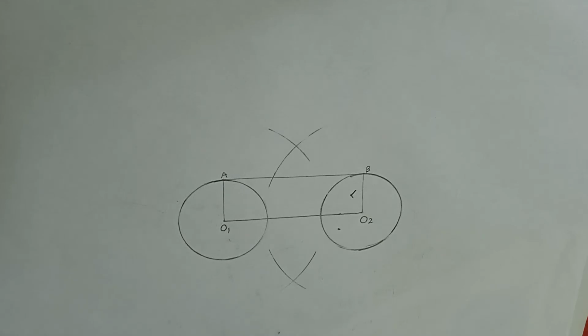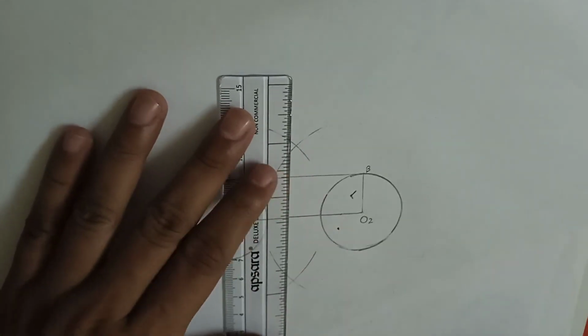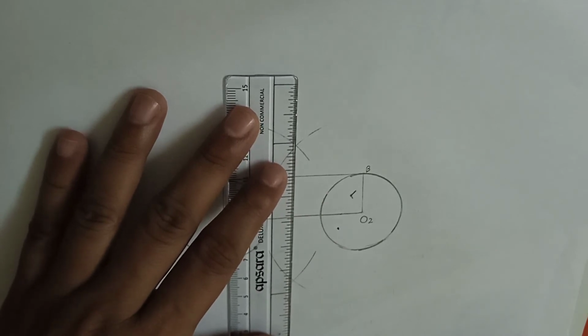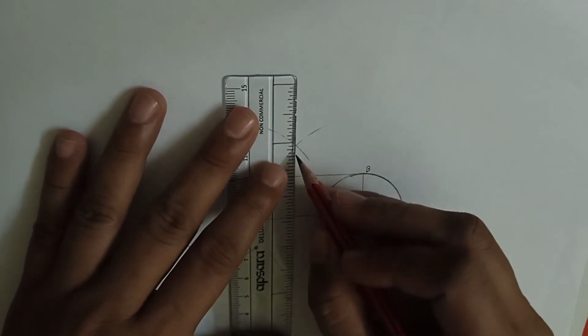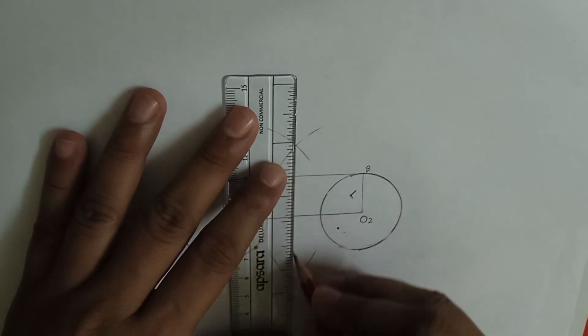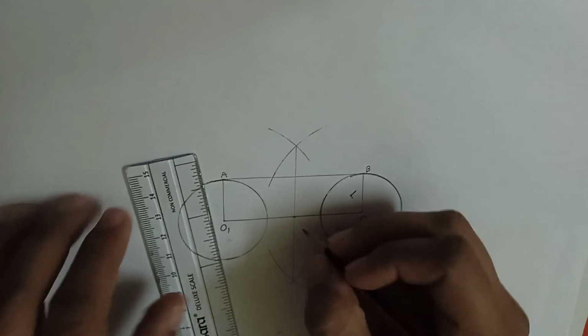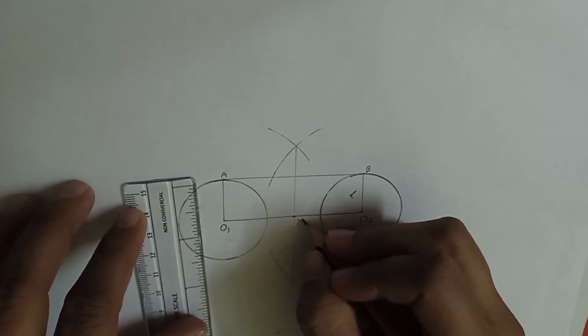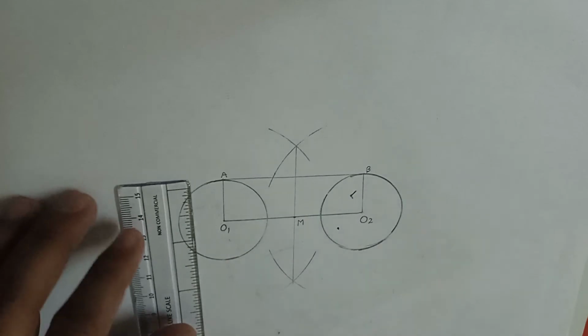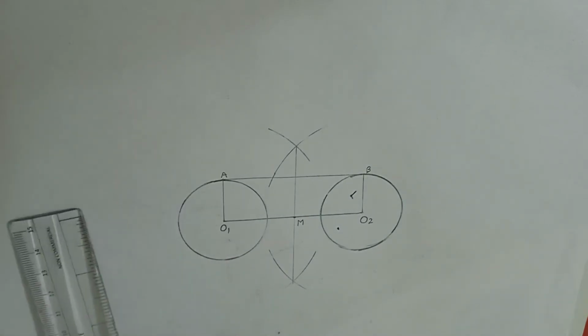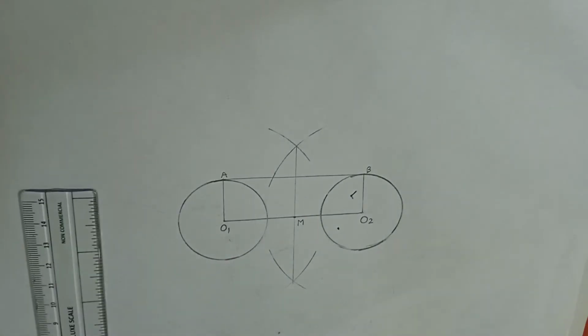Where both these arcs cut each other, we will join them and get the midpoint of this line. This is the perpendicular bisector, and where it cuts the line, this is known as the midpoint, mark it as M. The complete procedure of drawing a perpendicular bisector with explanation is also available in another video, which is available in the I button.